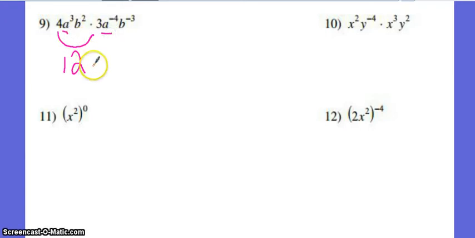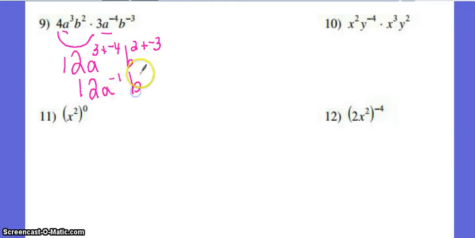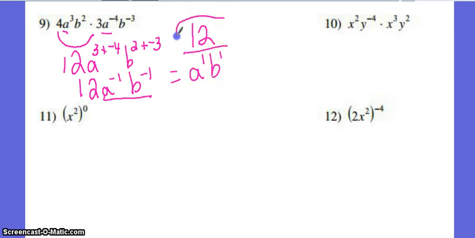So you do 3 plus -4, or 3 minus 4. B is b squared plus or minus -3, however you want to say it. So your final answer is going to be 12a, -1, b, -1. Now again, you don't want to have negative exponents, so your final answer is 12 because it's positive, and then you have a to the first, b to the first, and that goes in the denominator. Or it should really be 12 over ab.